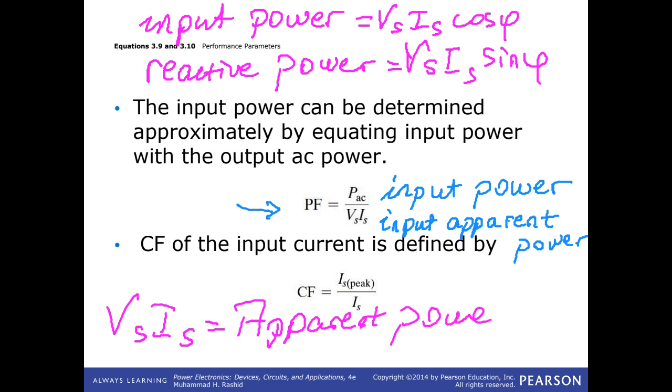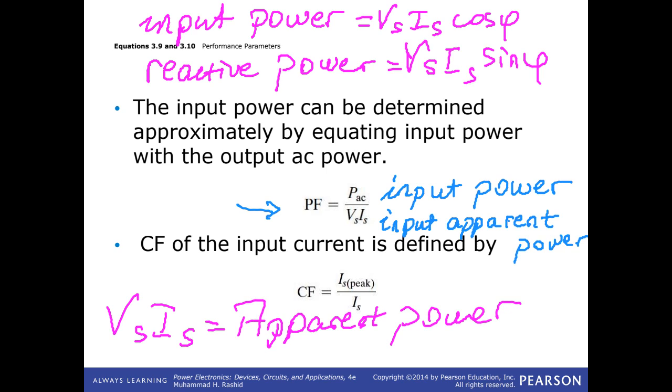Okay. So power factor actually is active power divided by apparent power. But since input function is not a sinusoidal one, of course, there are some other manipulations necessary. We are going to learn it.